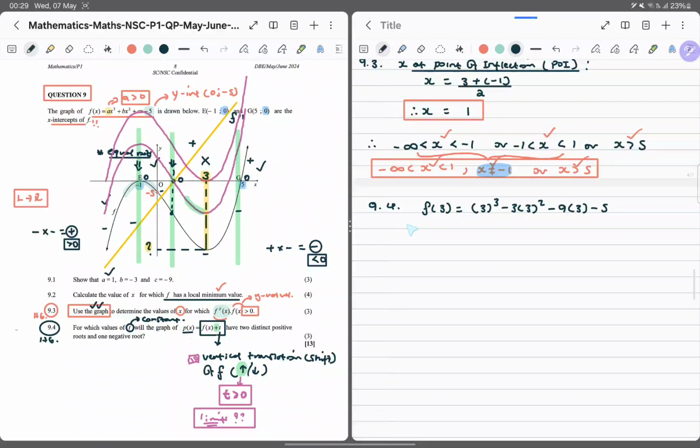So we can even conclude here and say, therefore, f of 3 is equal to, remember this is 27, this is 9 by 3, that's 27, this becomes 0. And then here we've got minus 27 minus 5, this becomes minus 32.